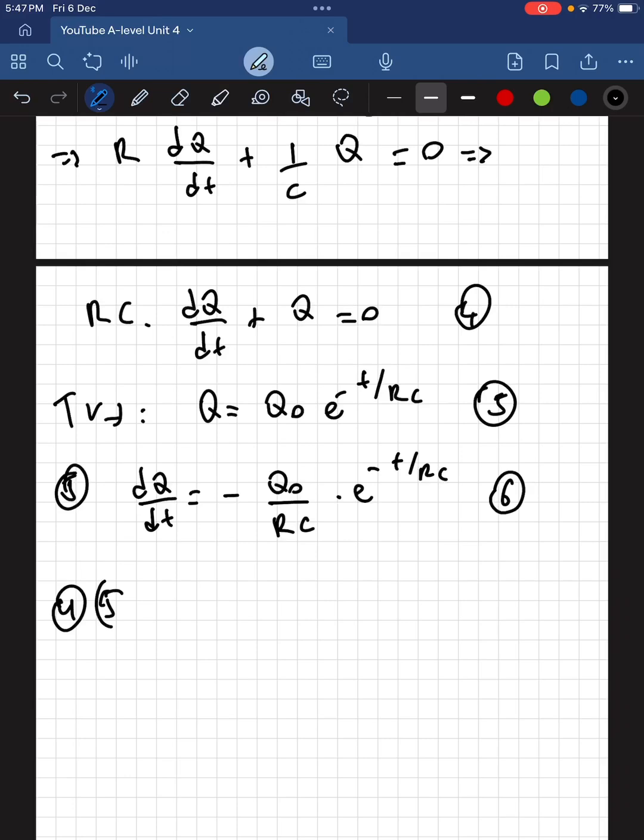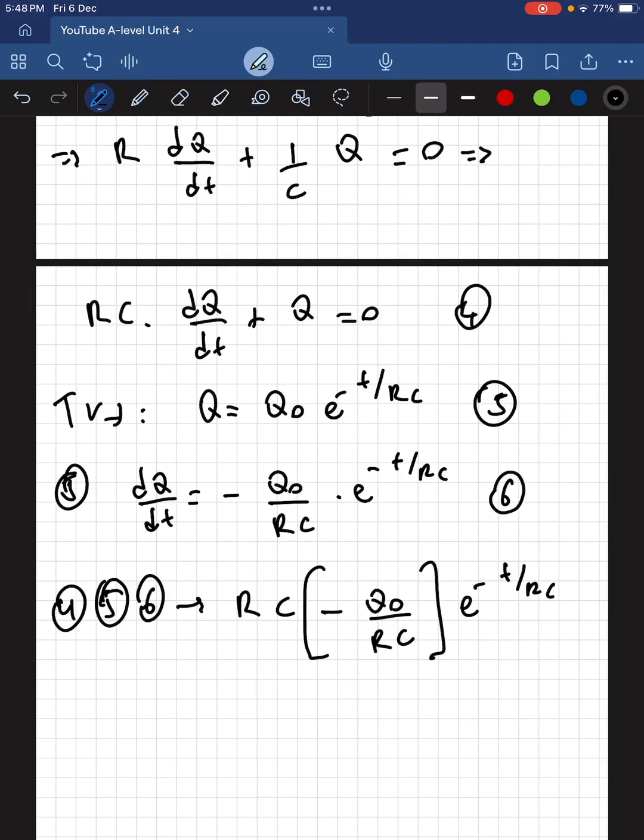So from 4, 5, 6, we get RC times minus Q naught over RC times e to the minus t over RC plus Q naught e to the minus t over RC is equal to 0. The RC cancel, therefore this and that cancel. So this works.